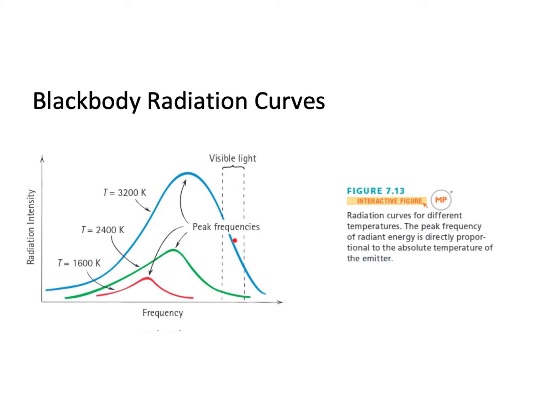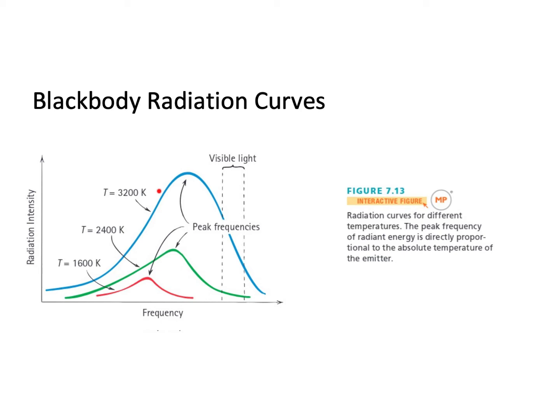Now over here, you can see where visible light is. Visible light corresponds to these frequencies, and so you can see this guy, he'd only be giving off light that's not visible. The green one is giving off a little bit of visible light, but not so much. It's not very bright. You can see the brightness is very low.